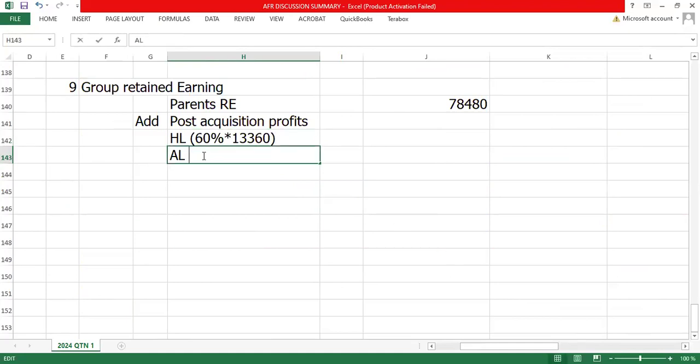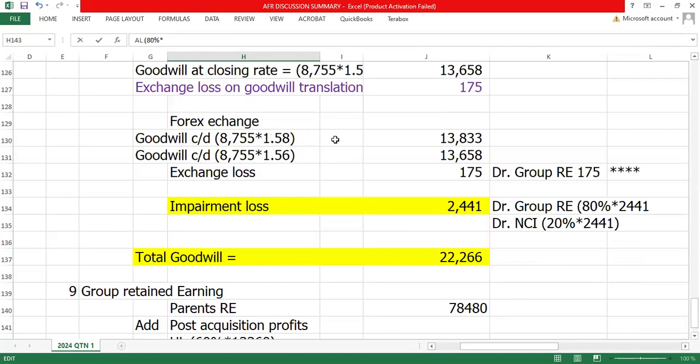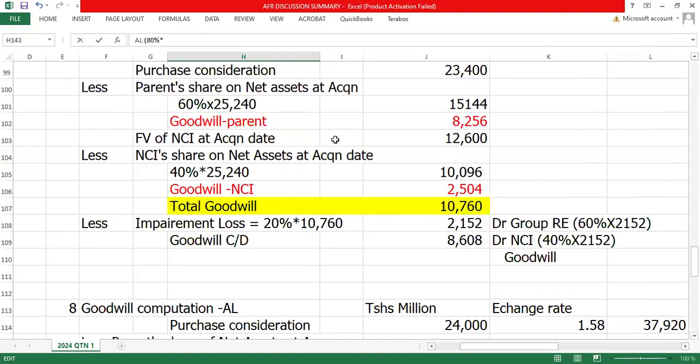Then here, 80% times what was the post-acquisition profit? Do you recall it? It was 27 something. It was 27,370.